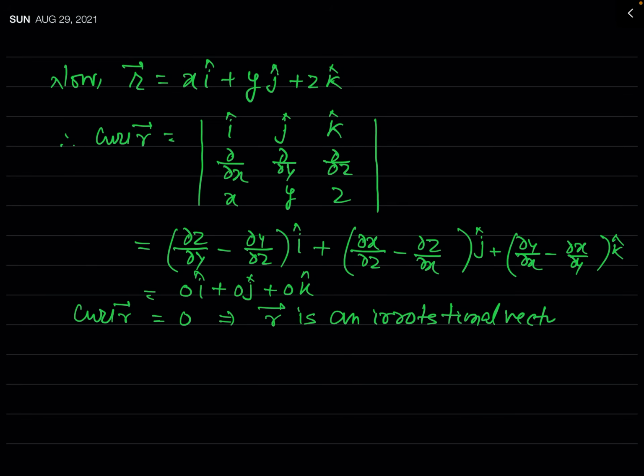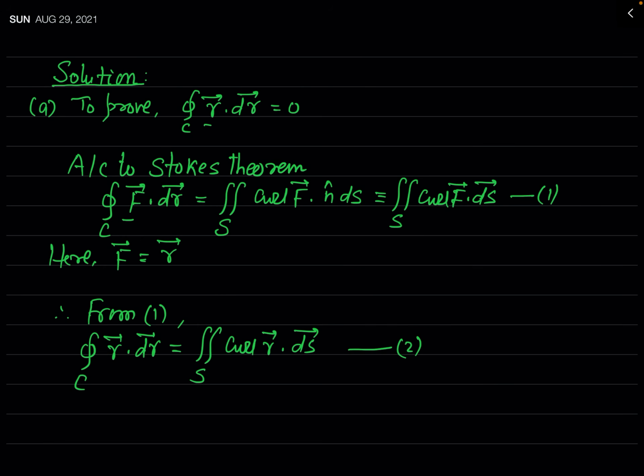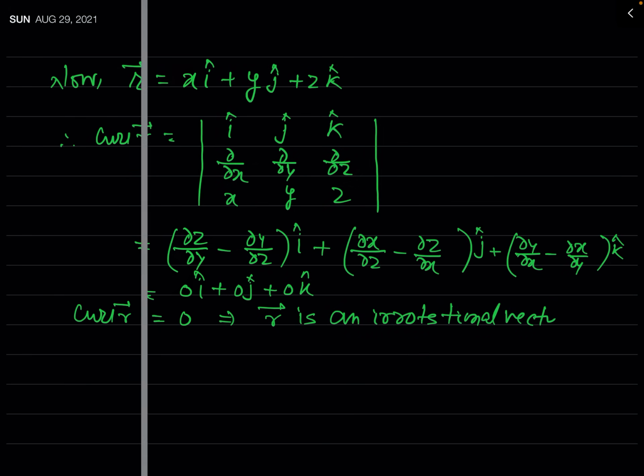And now you can see from your equation 2, since curl of R is 0 and this is a definite integral, so in this case the integrand is 0, and you know if the integrand is 0 and the integral is definite, definitely the result will be 0.